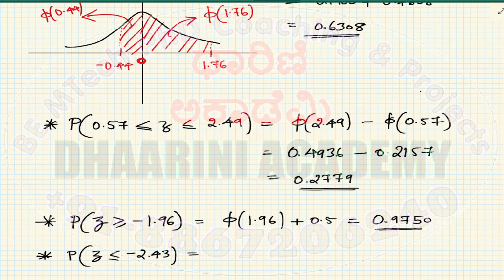So we can write this as 0.5 minus phi of 2.43, correct? Okay, this is correct.